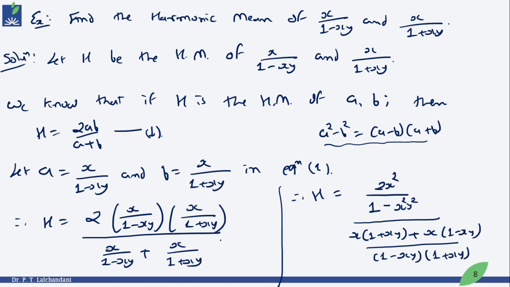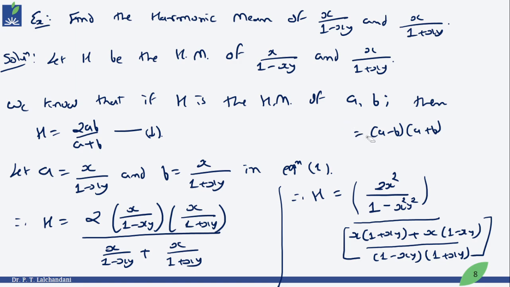Okay, so this is the numerator term and this one is the denominator term. Okay, so once again, on numerator we are having 2x square divided by 1 minus x square y square. Here x into 1 plus xy, plus x into 1 minus xy. Again, in denominator we are having 1 minus xy, 1 plus xy. So this will be 1 minus x square y square, just using this formula a square minus b square, right?